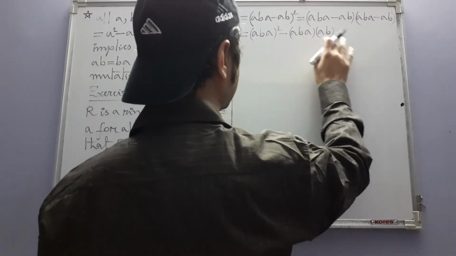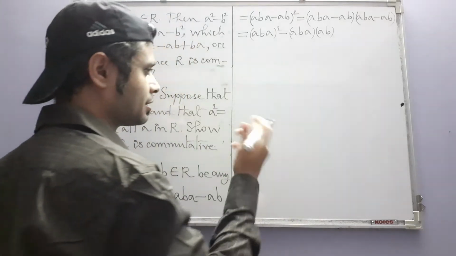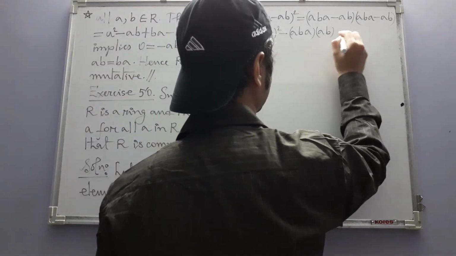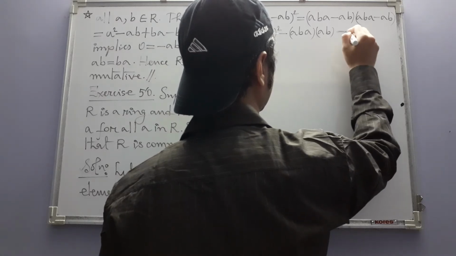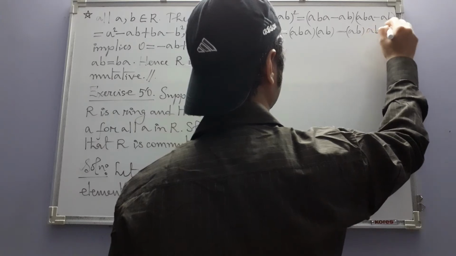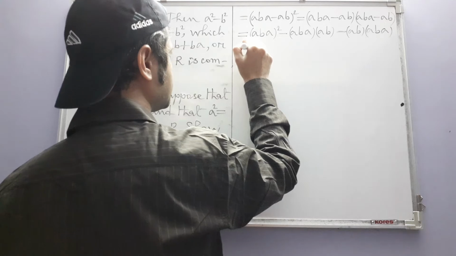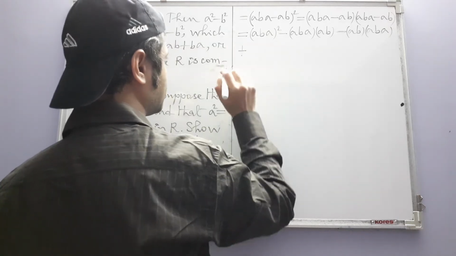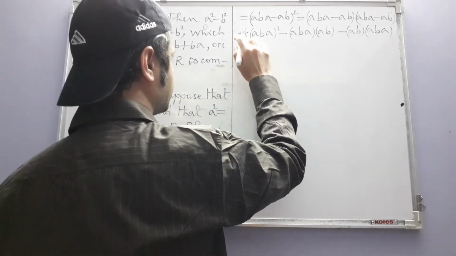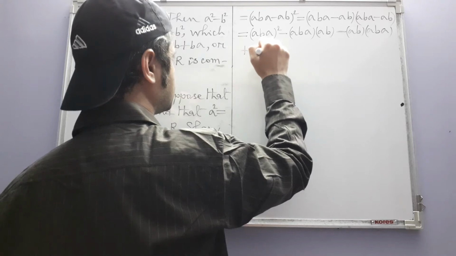Let us first show the multiplication, and then we will further do what we can do with these products. Then minus AB times ABA, and then finally minus times minus you will get plus, and all these things are true in a general ring, as if we are working with ordinary numbers.